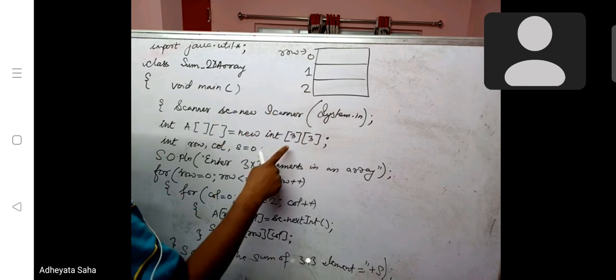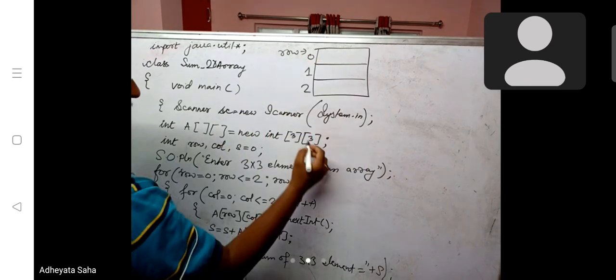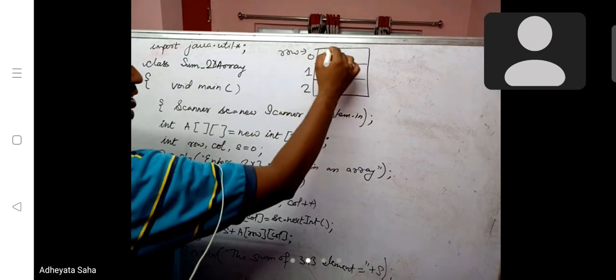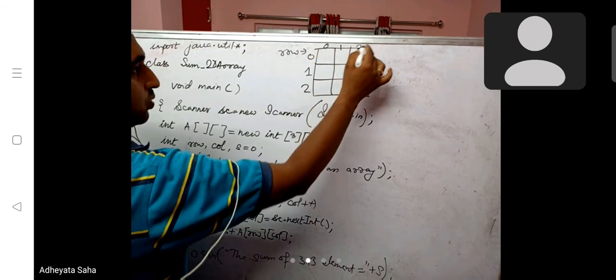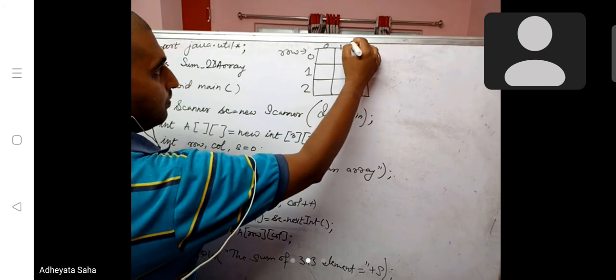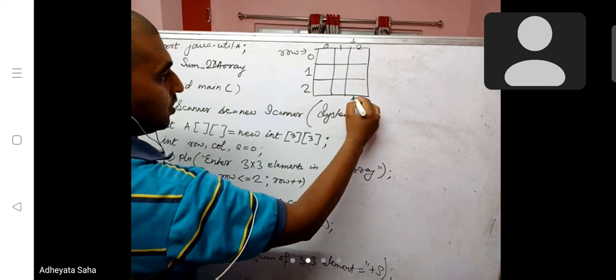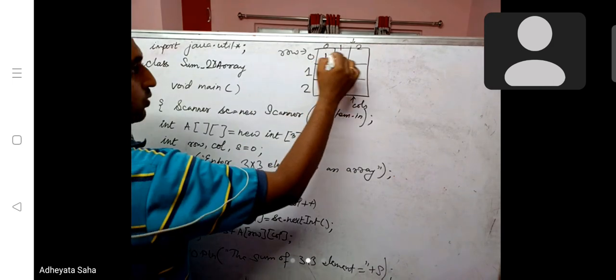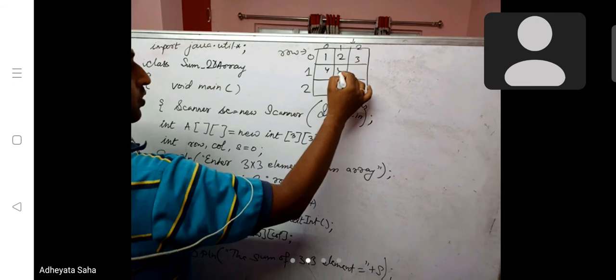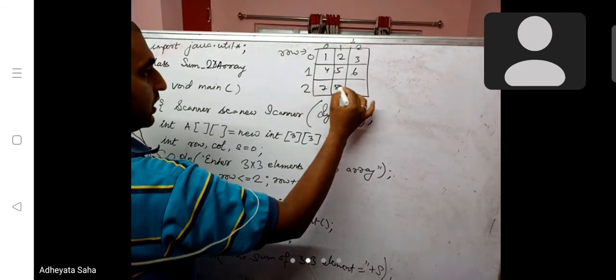Then the number of columns is also 3, so 0, 1, 2. These are the columns. Now suppose I insert the values 1, 2, 3, 4, 5, 6, 7, 8, 9.